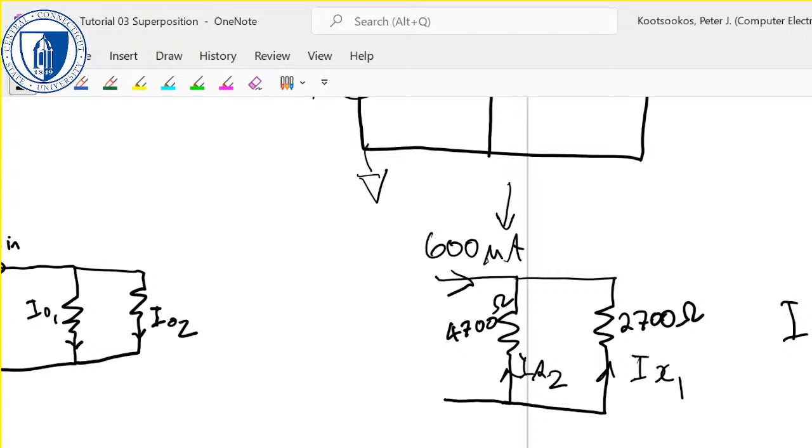And let's just see what that gives us. I'm just going to use my simple calculator here. We'll clear. 4700 divided by, what's that? That's 7400, I think. Times 600, right, so it's minus 381.1.